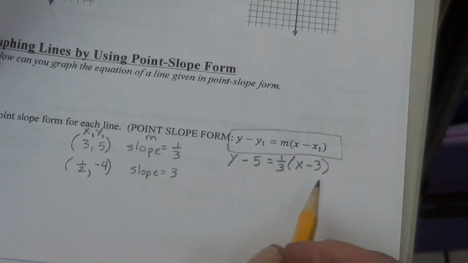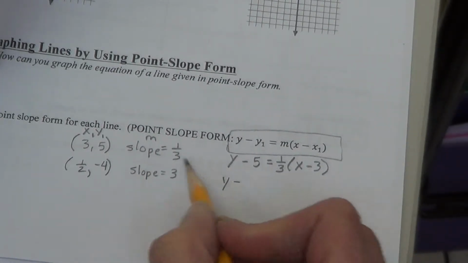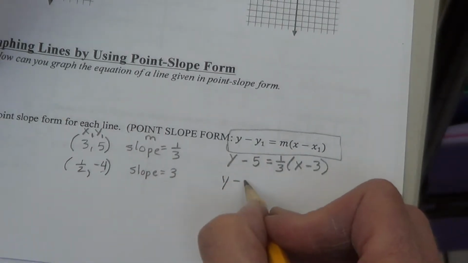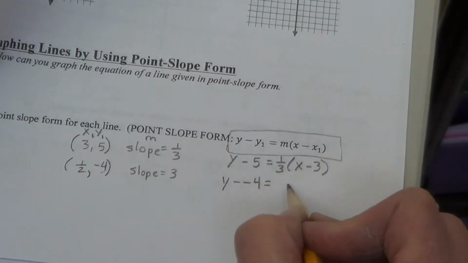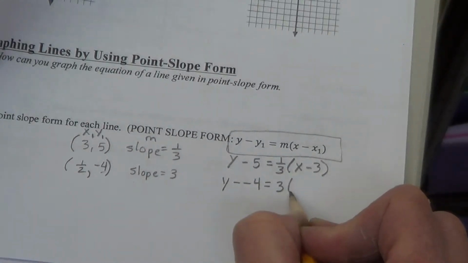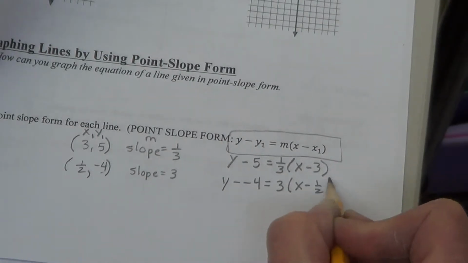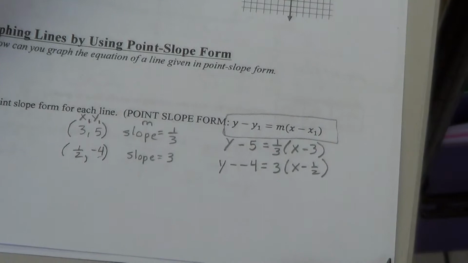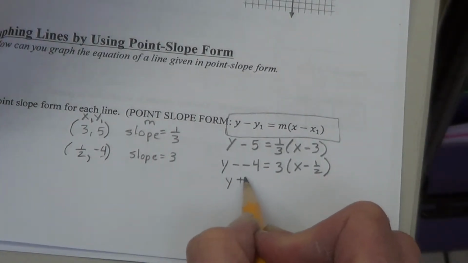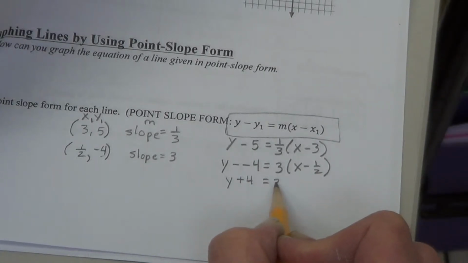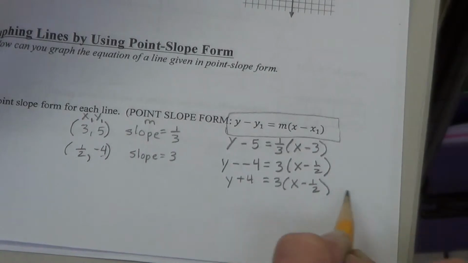Okay, so we would say y minus -4, that's our y1, equals, our slope is 3, times x minus our x1, which is 1/2. Now, just to simplify that a little bit further, clean it up some, we would actually write it as y plus 4 equals 3 times x minus 1/2. There we go.